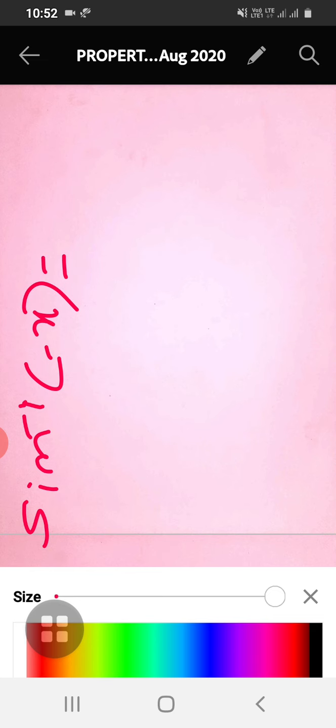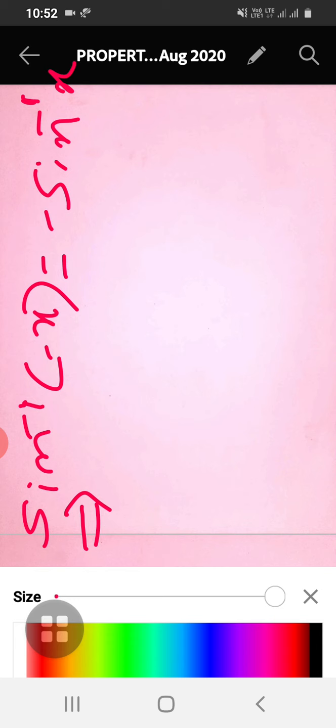We have to write step by step. I will show how to prove it, so you concentrate on the first proof. Similarly, you can repeat the remaining.